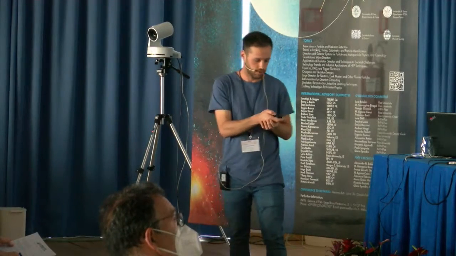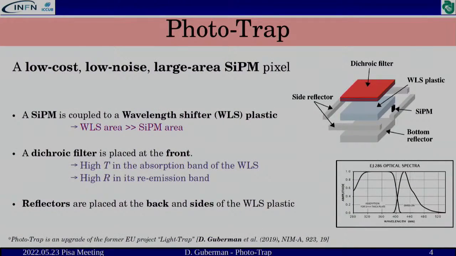So in PhotoTrap what we propose is a different, low cost approach to increase the sensitive area of the silicon PM pixel by a considerable factor, but keeping the noise at a very low level, and if possible also the cost.